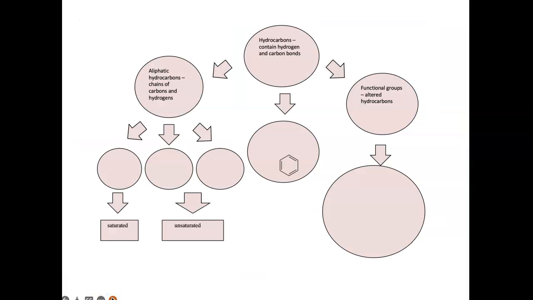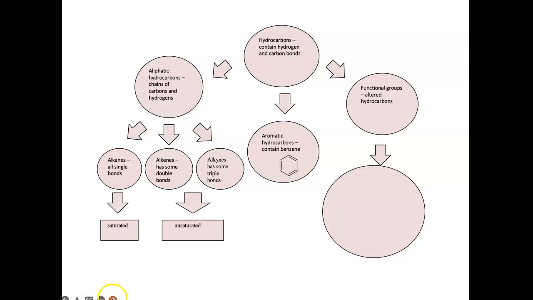All right, so let's see what you can remember. The aliphatic hydrocarbons, if they're saturated, those are our alkanes. If they're unsaturated with double or triple bonds, alkenes and alkynes. If they're in a ring with every other bond being a double bond, those are our aromatic hydrocarbons.